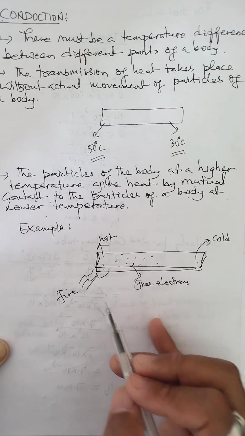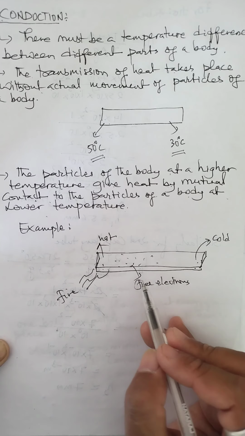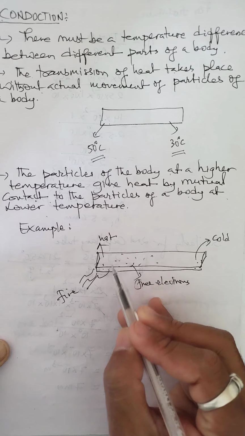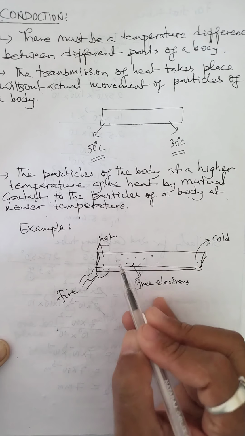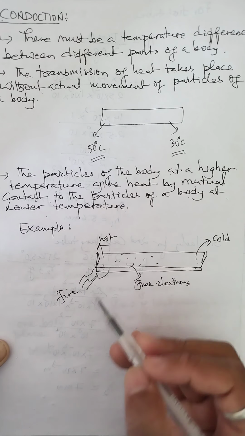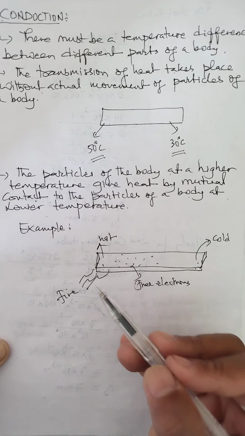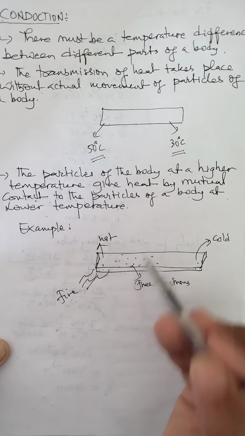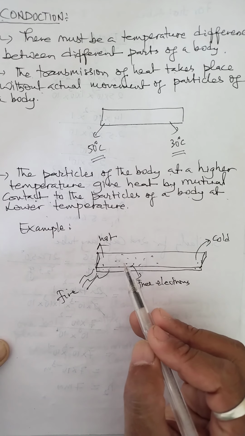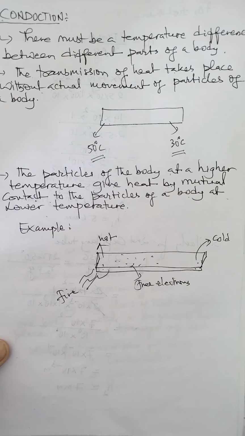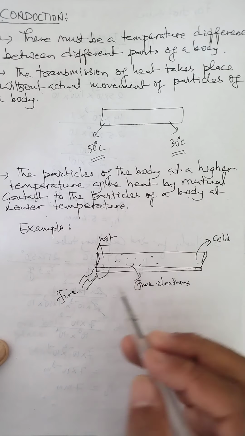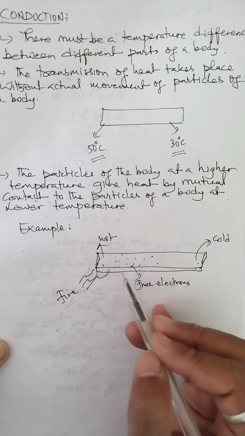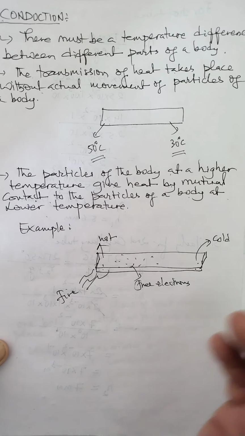So these electrons give some energy to the neighboring free electrons. There are other free electrons present in this end also, but at the end where you are supplying heat, the free electrons gain more kinetic energy, and that energy is given to the neighboring free electrons. This energy transfer is actually due to collision.